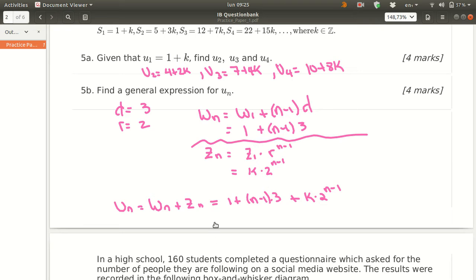Okay, so if you plug in 1, you would get 1 plus k. I'm sorry, if you plug in 2, you would get 4 plus 2k. Sorry about that. And if you plug in 3, then you would get 7 plus 4k. And if you plug in 4, then you would get 10 plus 8k. Okay, so this is the general expression for U sub n.